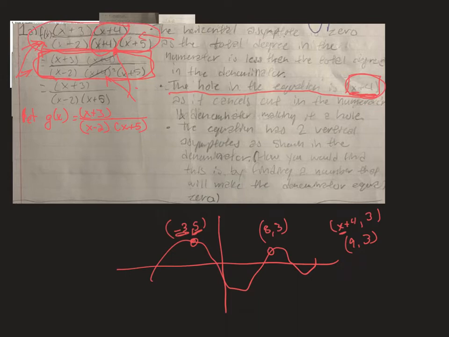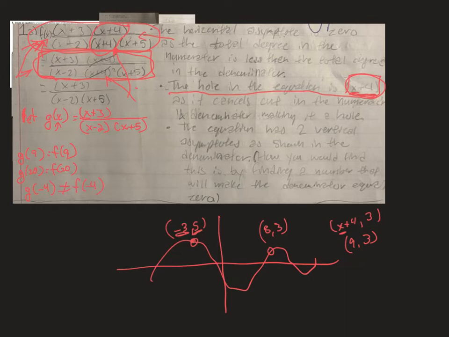So you know that g of, let's say, 9 equals f of 9. If you plug in 9 here and you plug in a 9 there, you can check it out. It's going to be the same. g of 20 equals f of 20. The only thing that's not true is g of negative 4 does not equal f of negative 4.